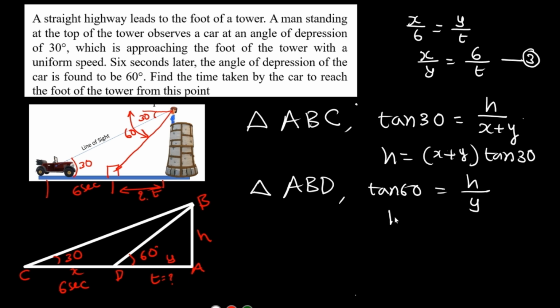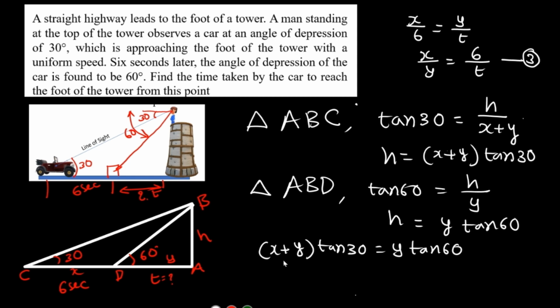So from this equation, H equals Y into tan 60. From these two equations, if we eliminate the H term, X plus Y into tan 30 equals Y into tan 60. Tan 30 is 1 by root 3, and tan 60 is root 3.